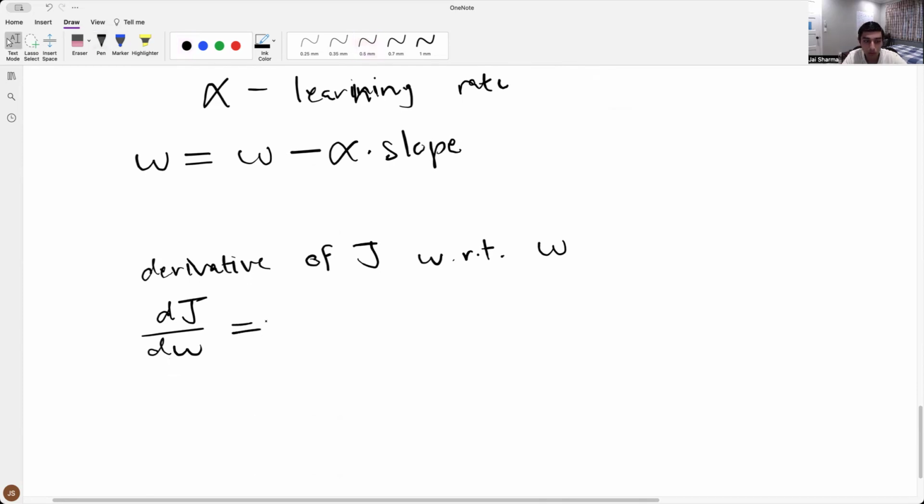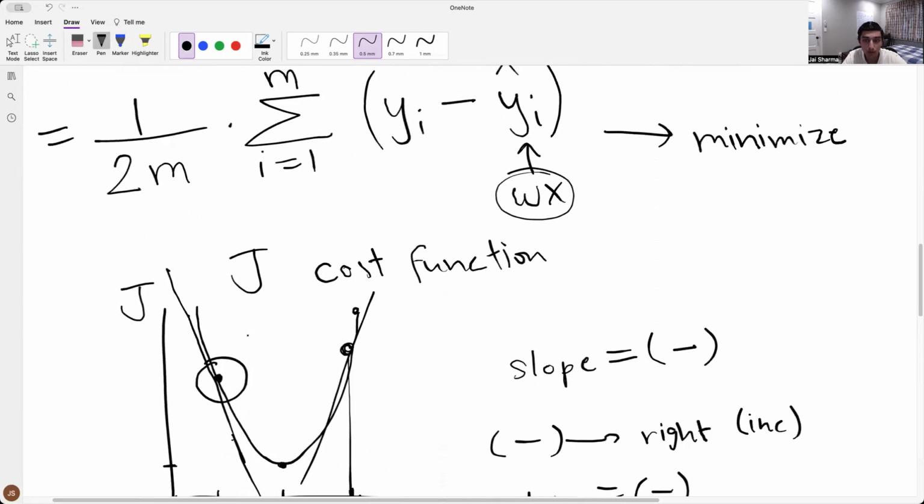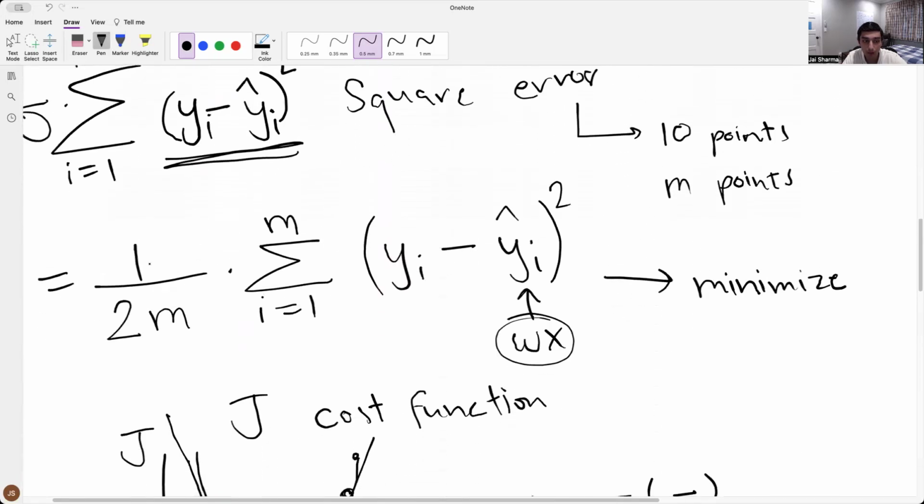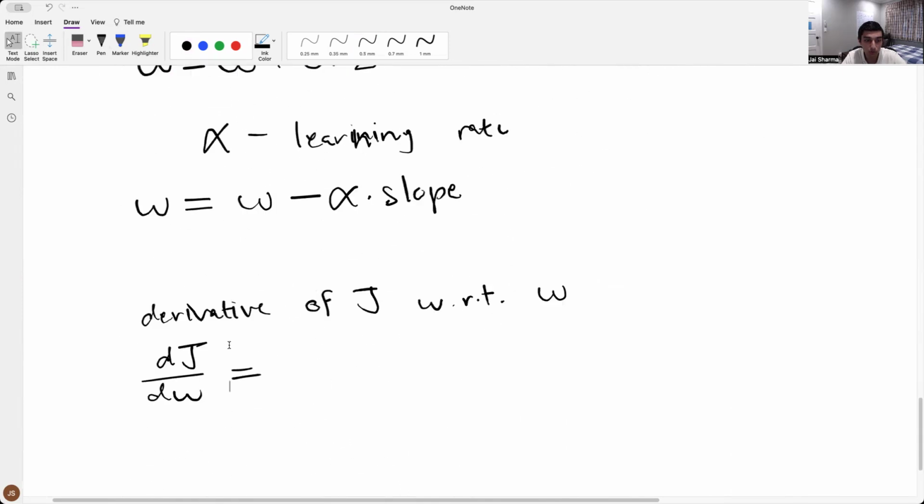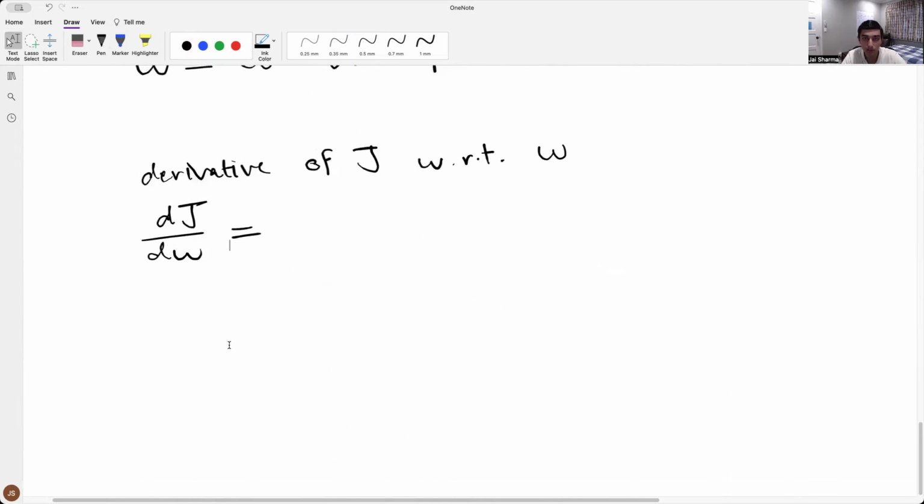Okay? And in order to get this, we would have to take the derivative of this function over here with respect to W. And I'm going to assume that you know a little bit about derivatives for this part, but in case you don't, then it's okay to gloss over this part.